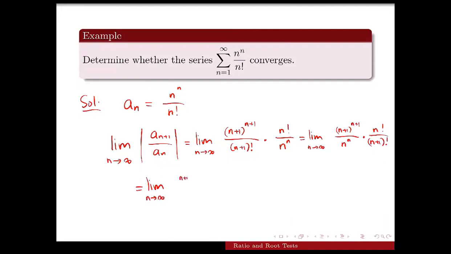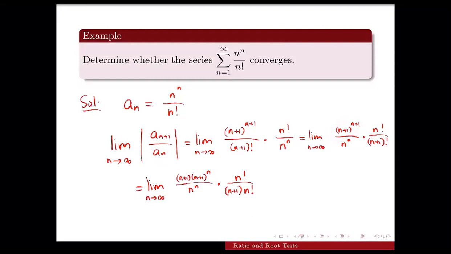We will have n plus 1 times n plus 1 to the n coming from here, and then, of course, you just have n to the n here, times n factorial. And then, on the denominator, you can rewrite it as n plus 1 times n factorial.